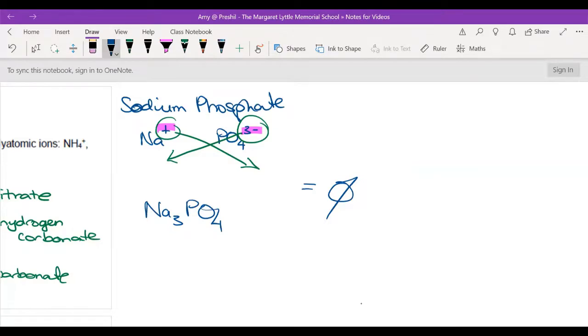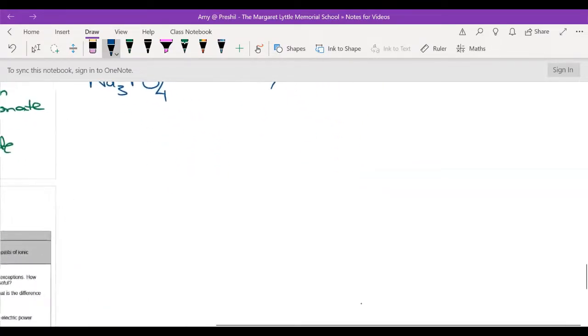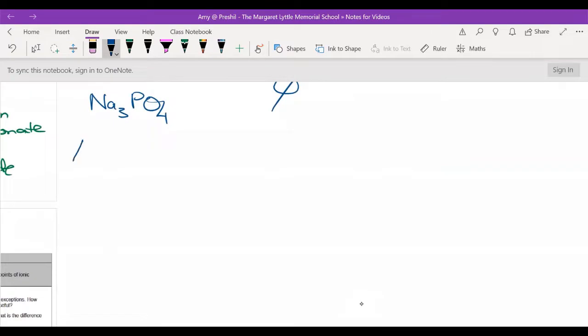So let's do another example: aluminium oxide. Aluminium is a metal in the third block across on its period, so it forms an Al3+ ion. Oxide follows the same naming convention as our halogens.